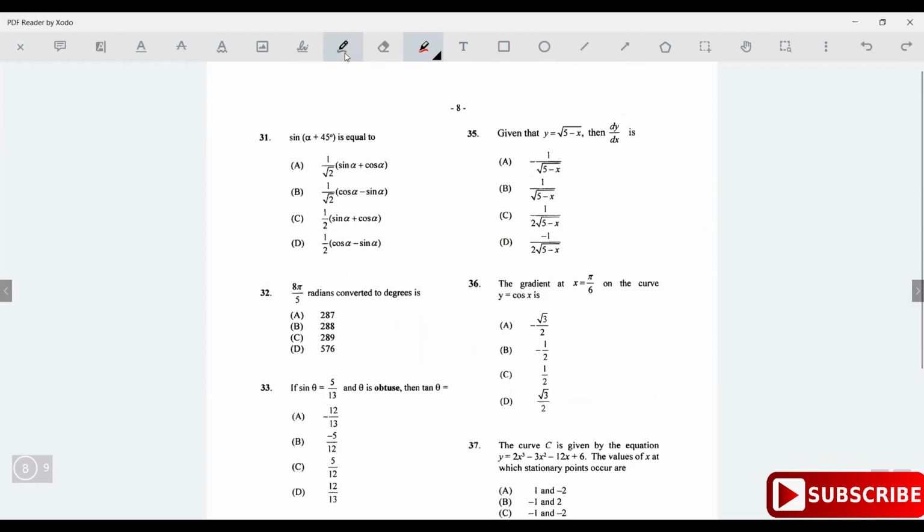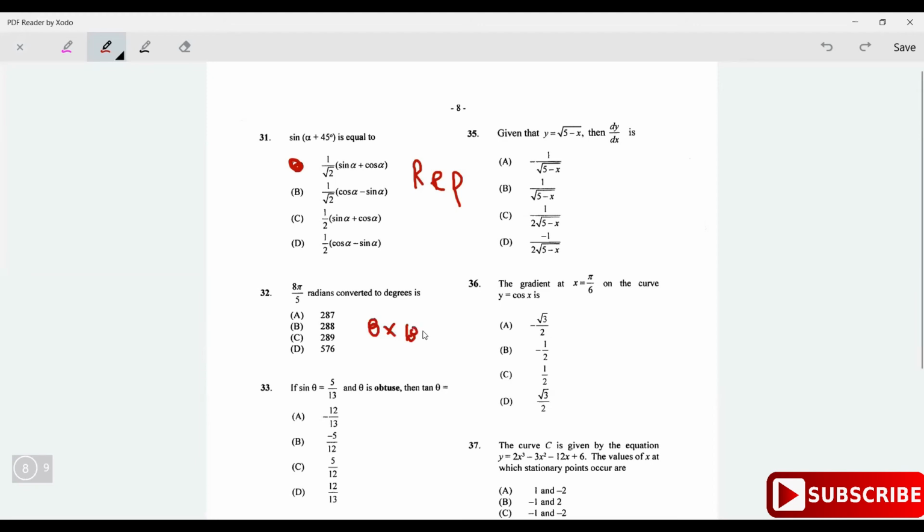This question is another repeat. This was option A. Another repeat. All right, 8 pi by 5. Convert 8 pi by 5 to degrees. You just need to work out what is 8 times 180 divided by 5.